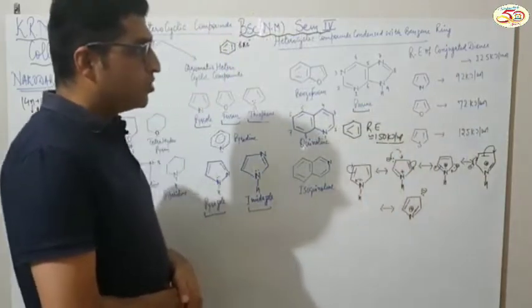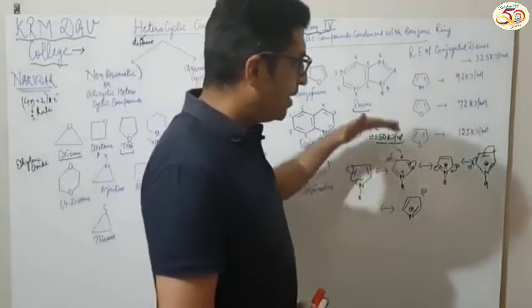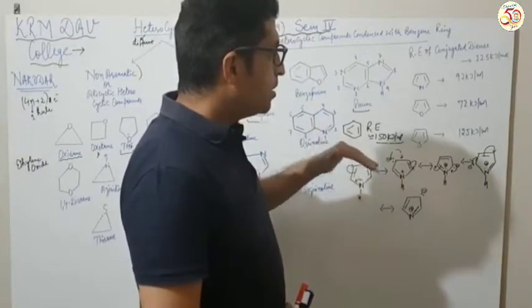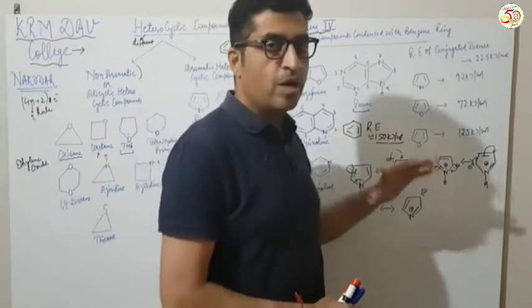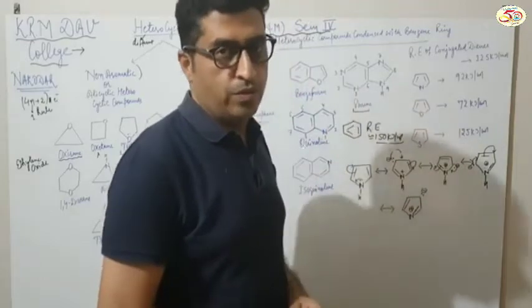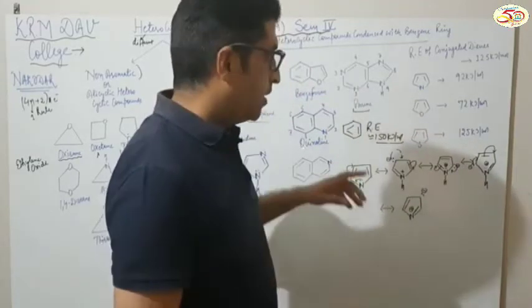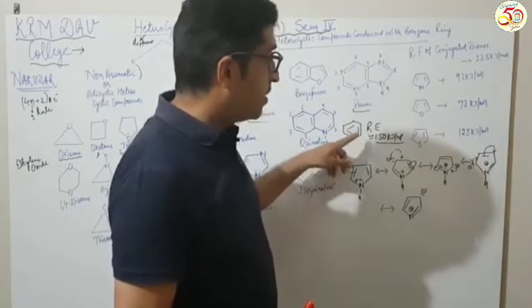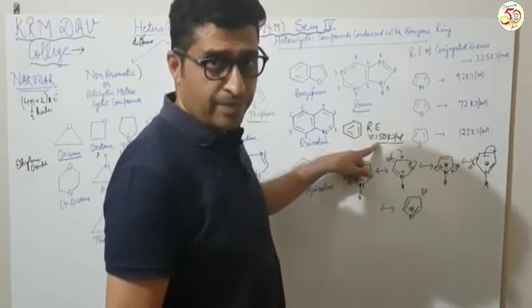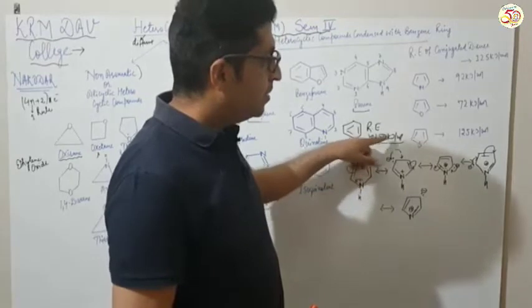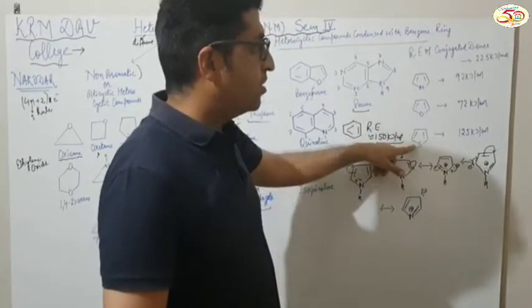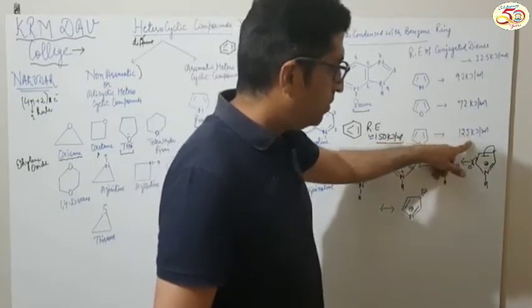So, students, just try to analyze which molecule is the most stable out of these 4 molecules. The answer is clear, that is benzene, because its resonance energy is maximum. Then comes thiophene, where resonance energy is 125 kilojoule.